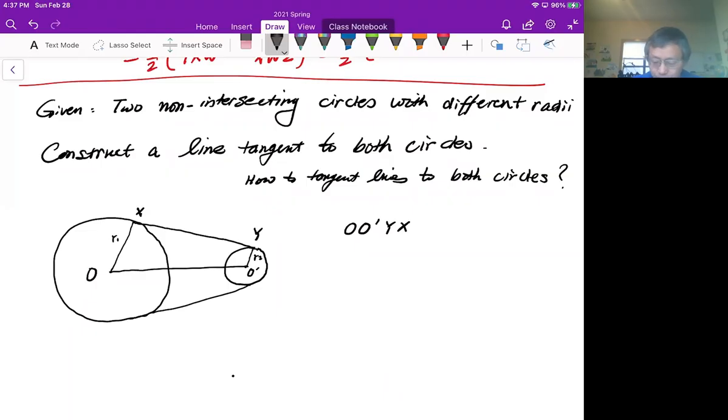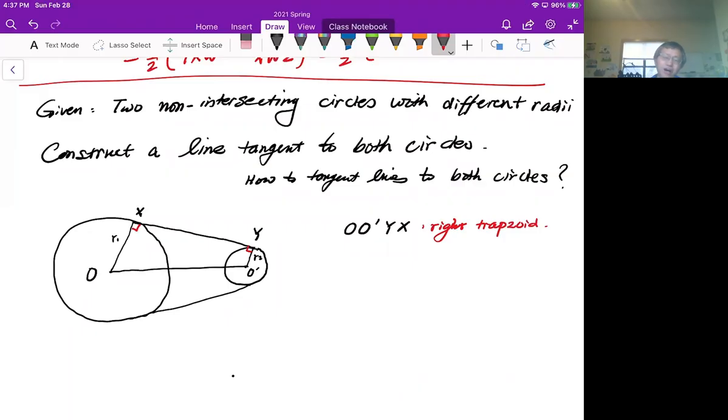It's actually a right trapezoid. Why is it a right trapezoid? Because of the theorem we did earlier, this has to be a perpendicular, and this has to be a perpendicular. So it's a right trapezoid. Does it make sense? So these are right trapezoids.